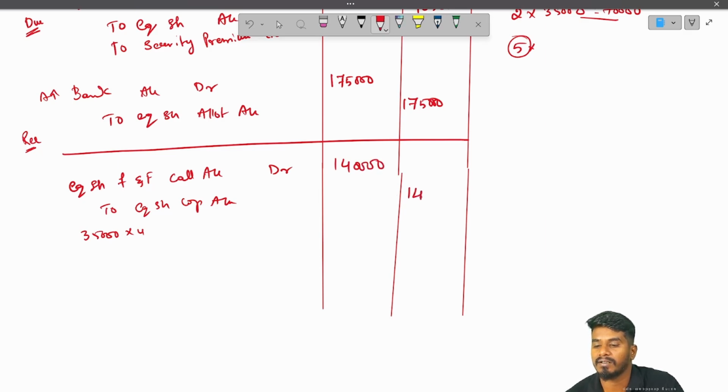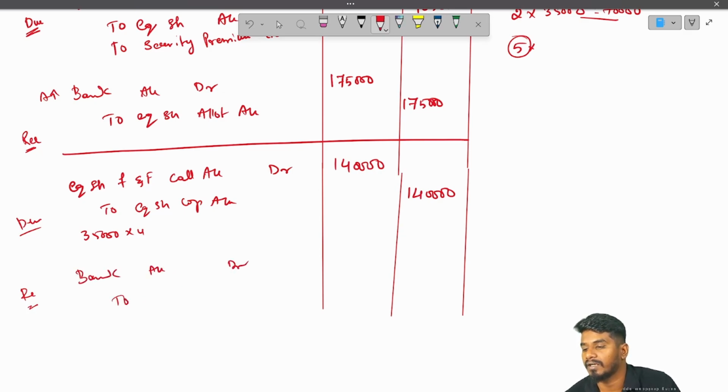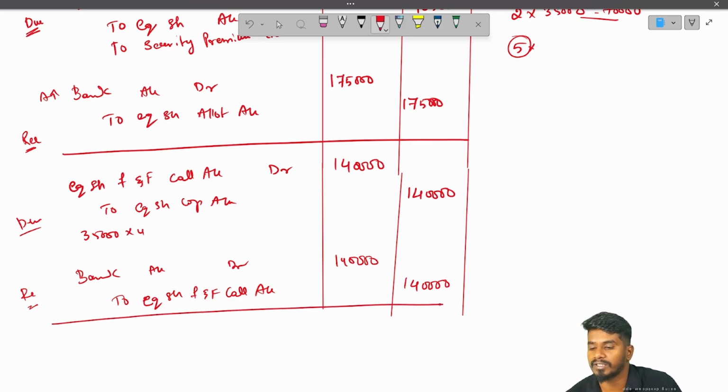We are making it due. Then we need to receive it, right? Where will we receive? Bank account debit, to equity share first and final call account. How much? 1,40,000. So this is the end of this question.